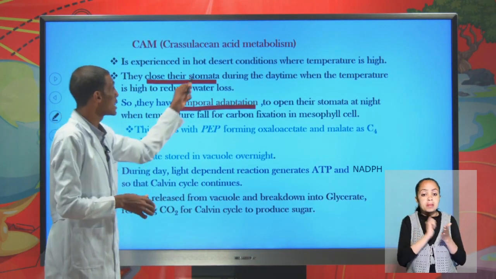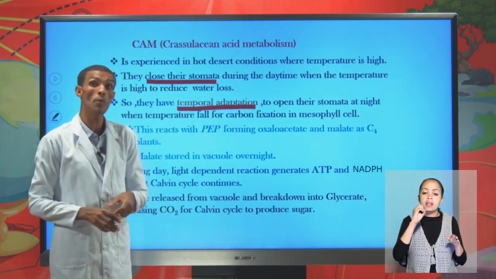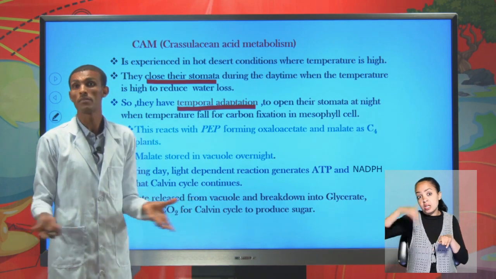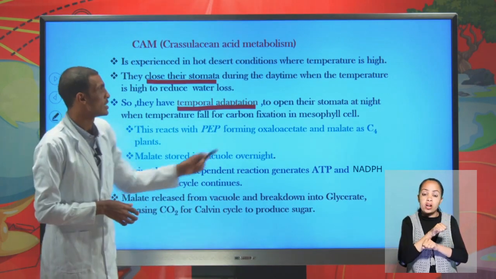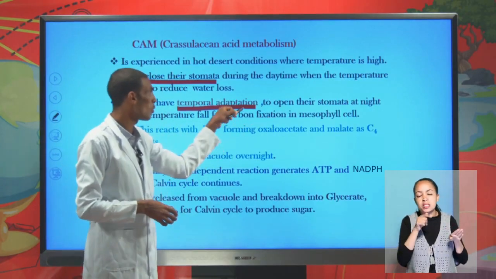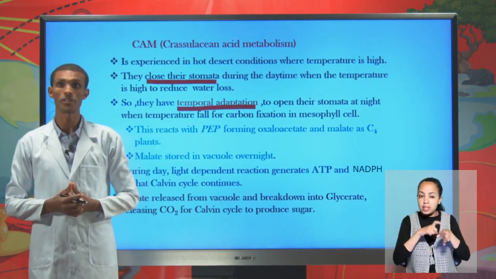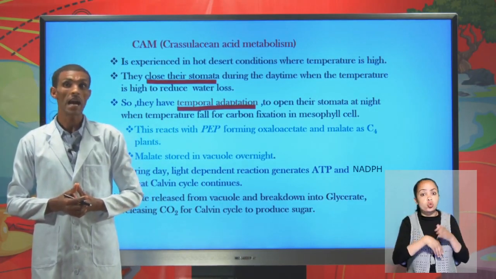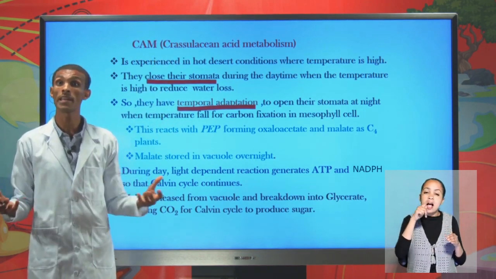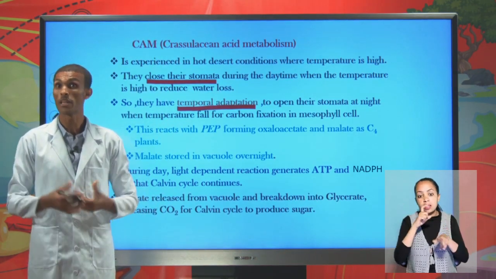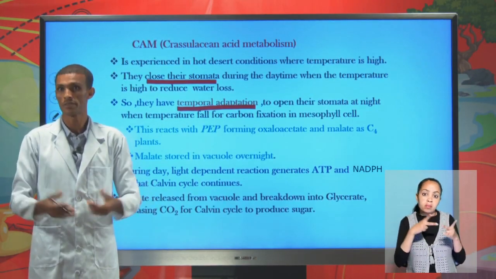By that, they develop their strategy to close their stomata during the daytime when the temperature is high to overcome water loss. And again, they open their stomata temporarily or seasonally during the night time to carry out carbon fixation. So, carbon fixation in CAM photosynthesis takes place during the night time when the temperature in the leaf becomes low.